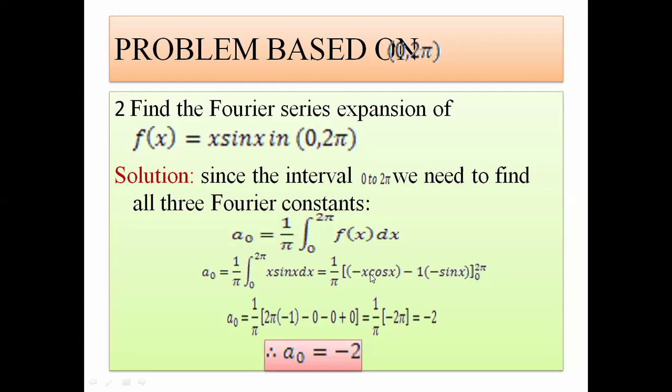Wherever x is occurring, apply the upper limit, x is equal to 2 pi. In the lower limit, apply 0. So finally, you have to simplify this equation. So what you get, 1 by pi times minus 2 pi. The pi minus pi will get cancelled. So which is equal to minus 2. a naught is equal to minus 2.